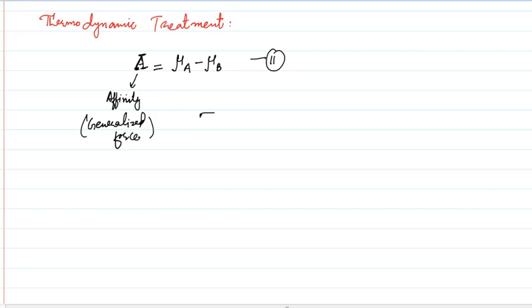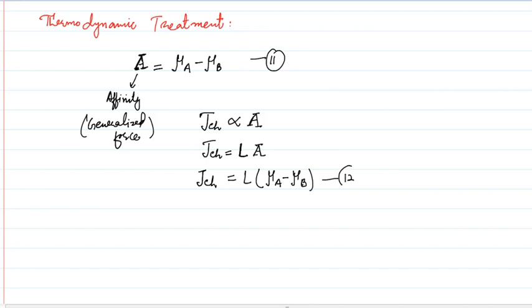That means we know JCH is basically directly proportional to this A, the generalized force, here affinity, and we can replace this proportionality by a proportionality constant, so that will be the phenomenological coefficient L. So then A here affinity, but from equation 11 we will put the value here, so it will be L into mu A minus mu B, that means the chemical potential. So this is equation 12.